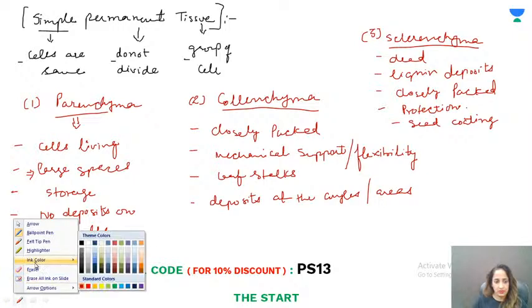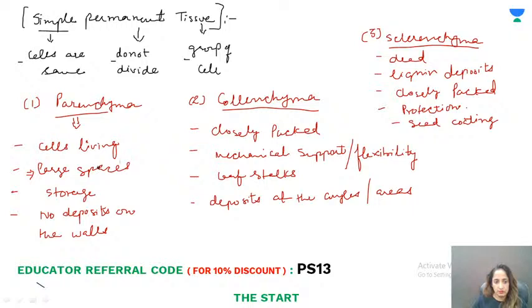Okay, so let me change the color. Parenchyma cells are large cells with large gaps. This is the transverse section. If I do the transverse section, this is how it looks.